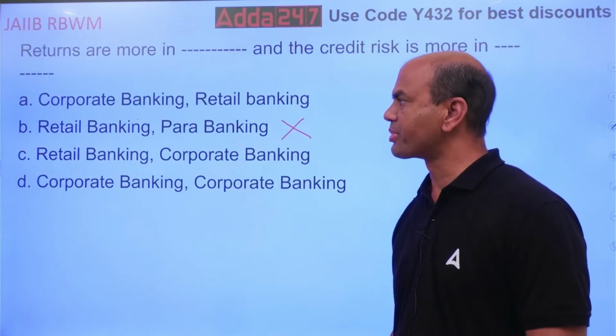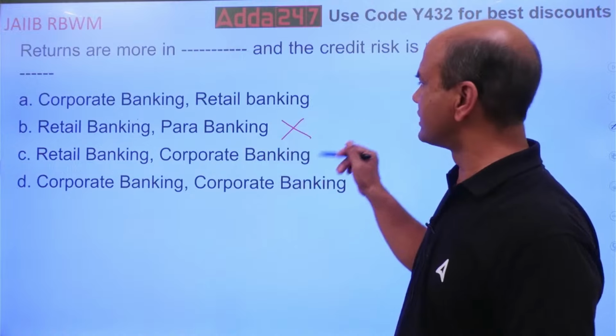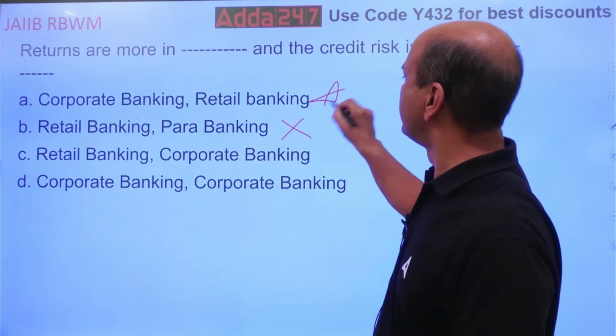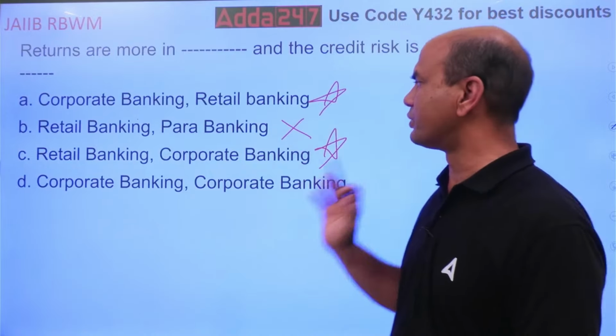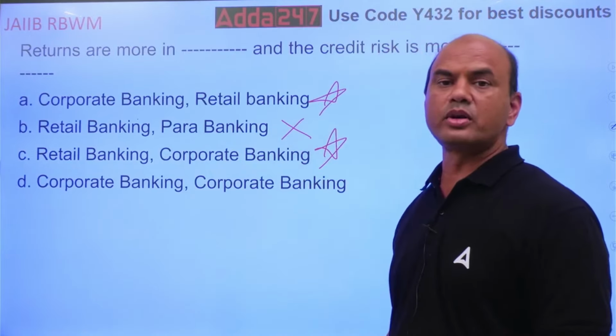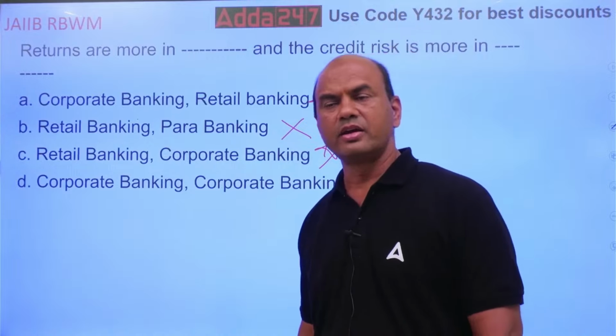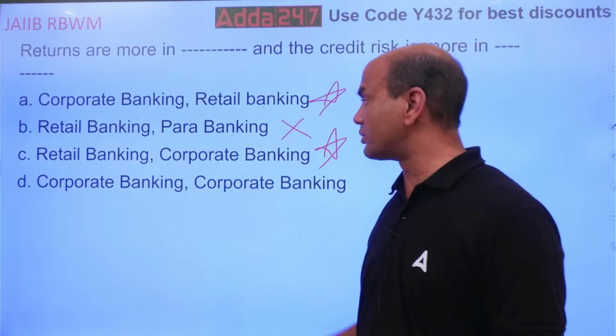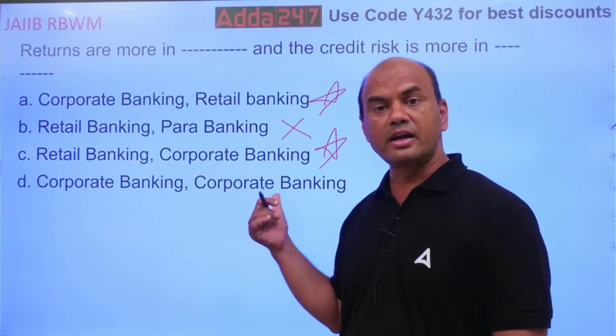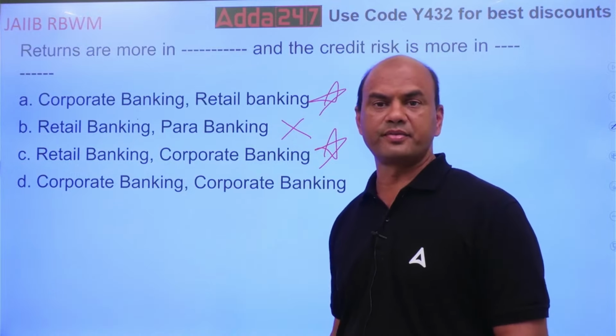Yeah. A and C, chalo. Let's give you the hint. A and C. Between A and C, what is true? Returns are more in corporate banking and credit risk is more in retail banking, or returns are more in retail banking and credit risk is more in corporate banking.